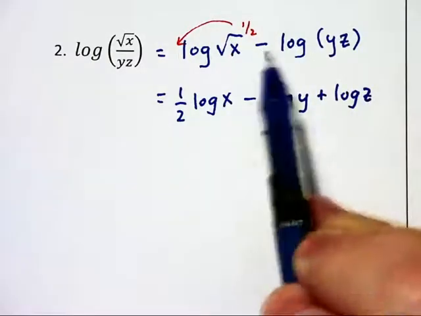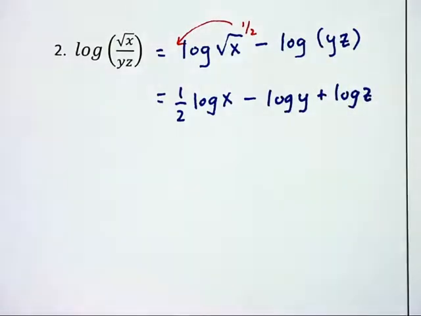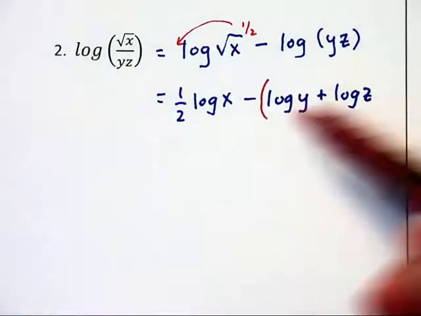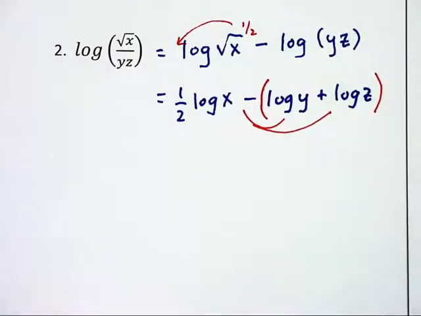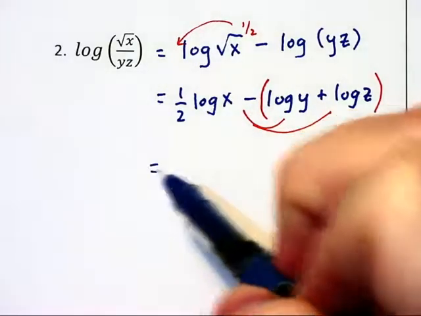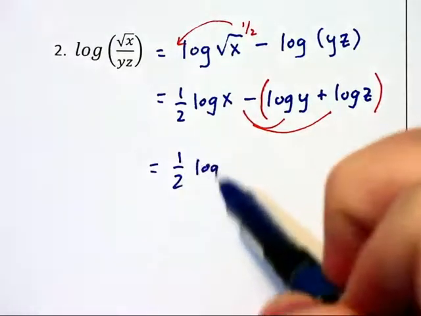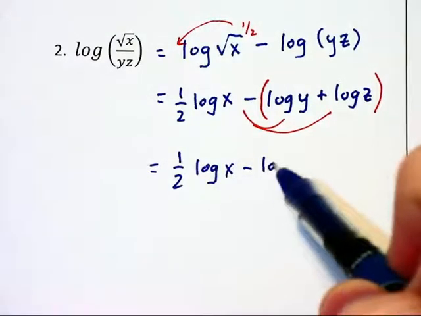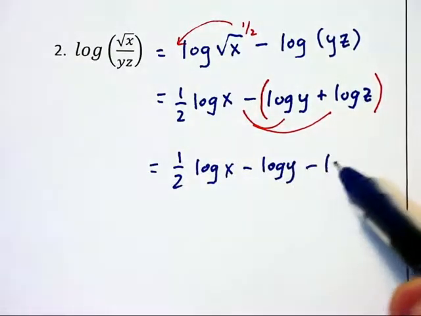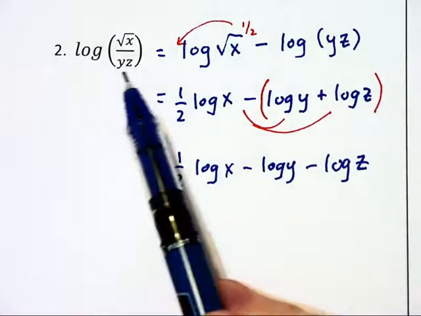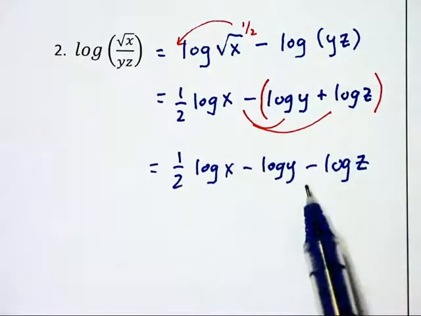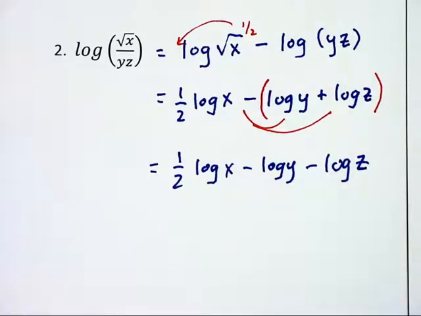But all of it is being subtracted, so technically we need parentheses around here, and we need to distribute that negative. This will give us 1/2 log of x minus the log of y minus the log of z. And if you think about it, we're dividing by both y and z, so both the logs with y and z should be subtracted off.